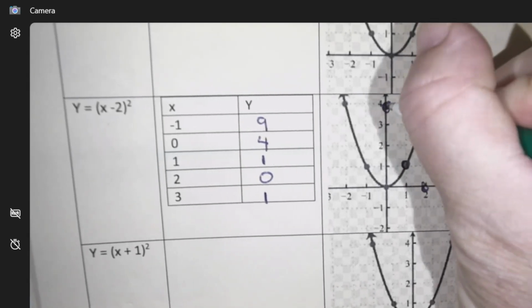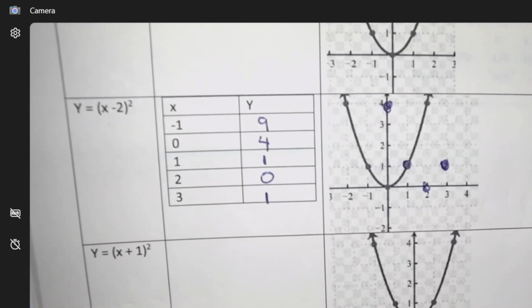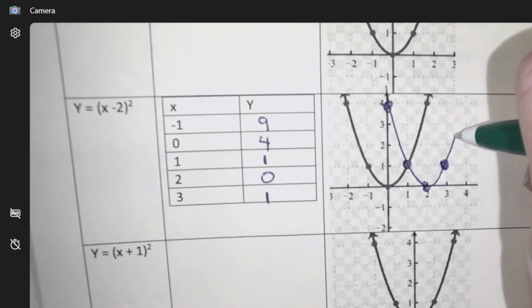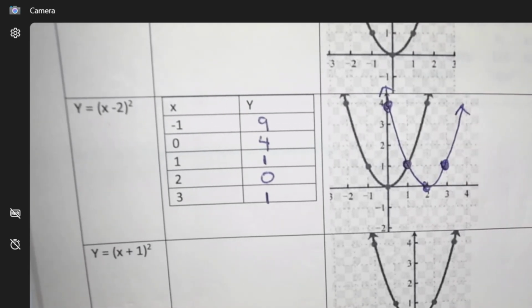So I'm going to graph, I didn't graph the 9 because that's too high for here, but graphing the other ones, this is what we look like. Okay, I can see how it's connecting.